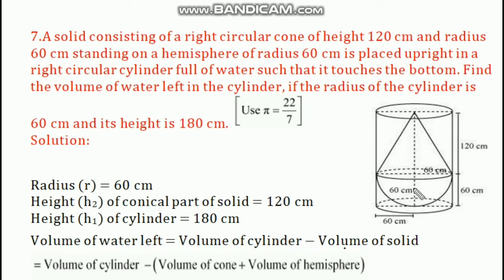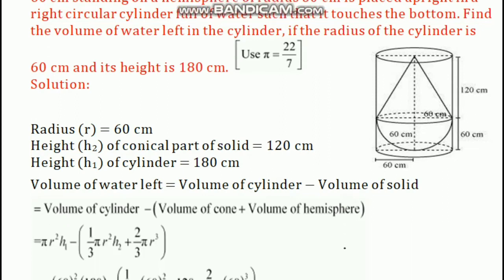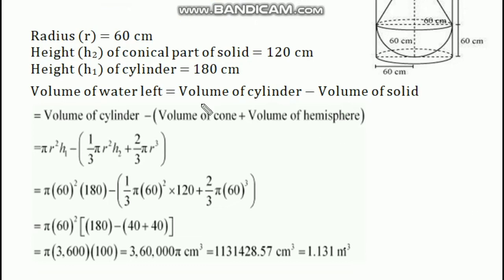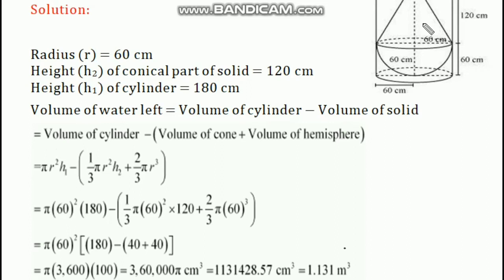The solid is a combination of cone and hemisphere. So the volume of water left is the volume of cylinder minus the volume of solid. We know how to find the volume of cylinder, since all the values are given.